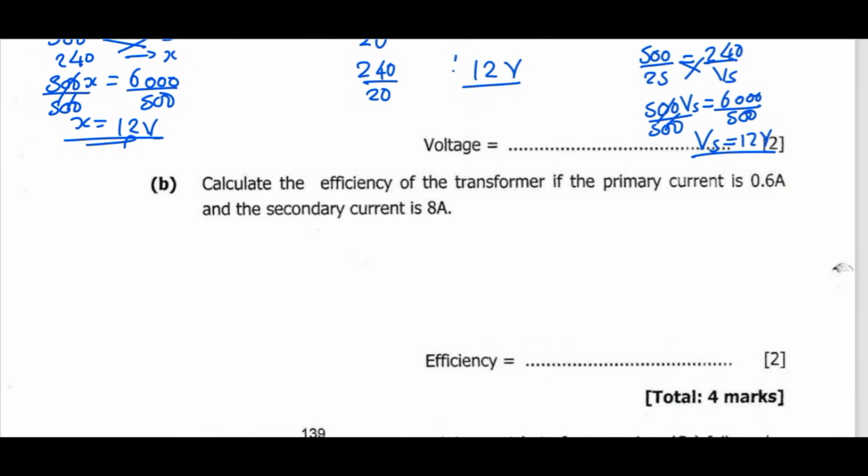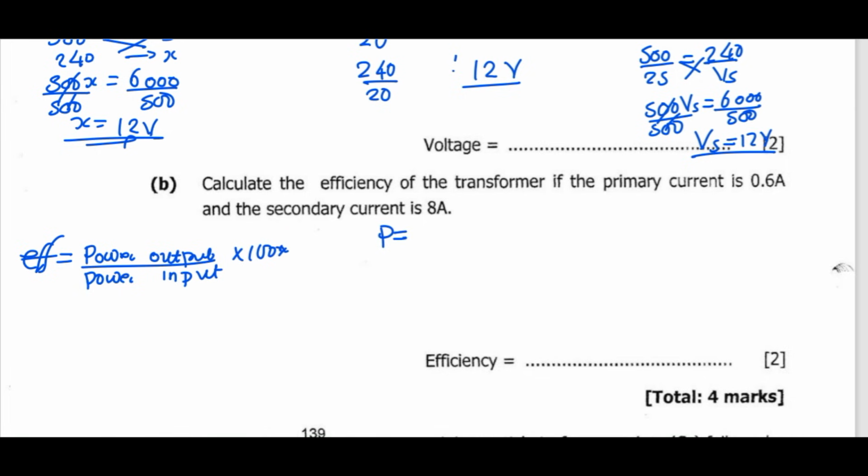Now calculate the efficiency of the transformer if the primary current is 0.6 and the secondary current is 8. So the efficiency is equal to power output divided by power input times 100%.